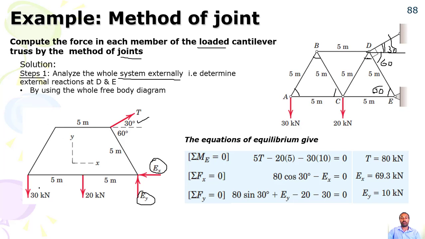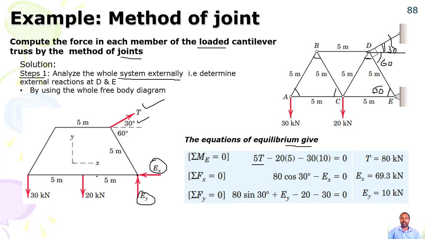So for your whole system, the boundary you draw the external reactions, then the equations of equilibrium give summation of moment at E equal to 0. If you take moment at this point, you can determine T. 5 times T, which is the perpendicular force, moment is force times perpendicular distance, then 5 times T. 5 is the distance times T, then minus 20 times 5.